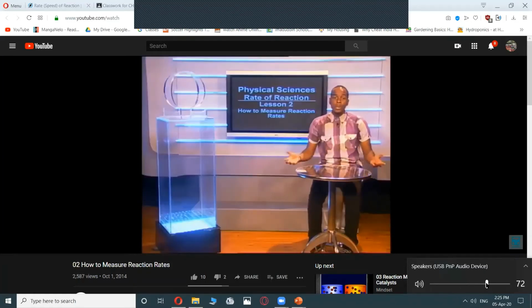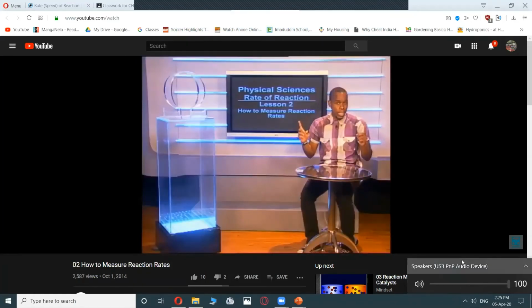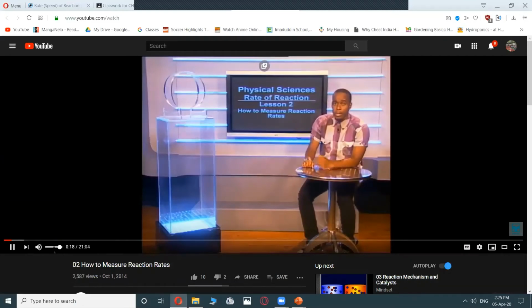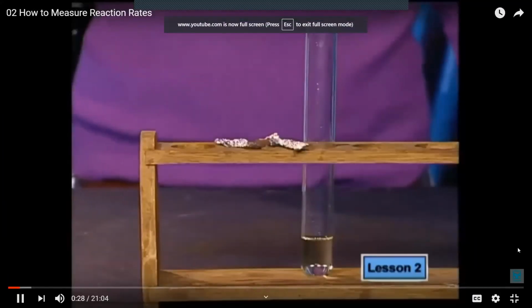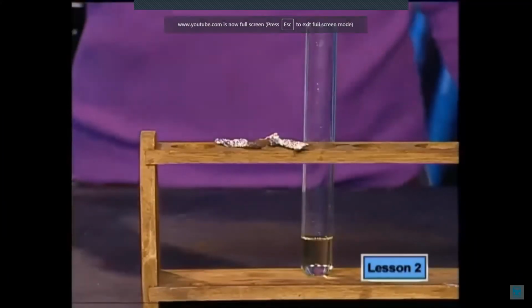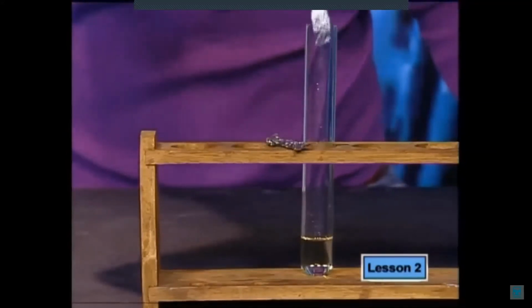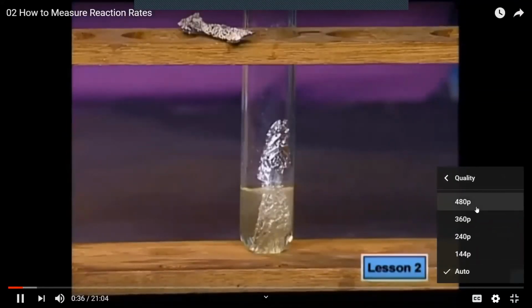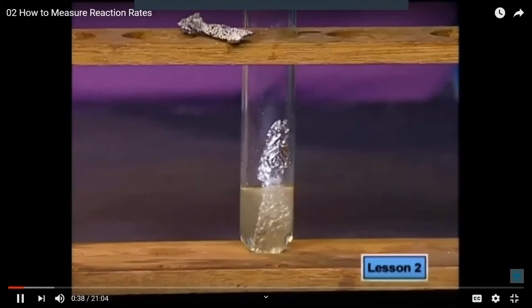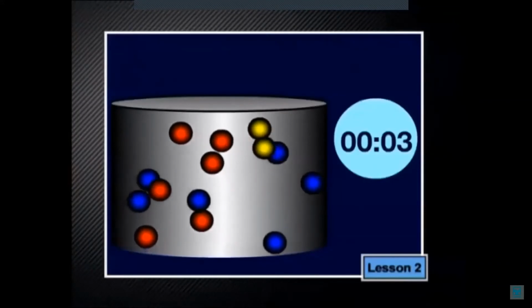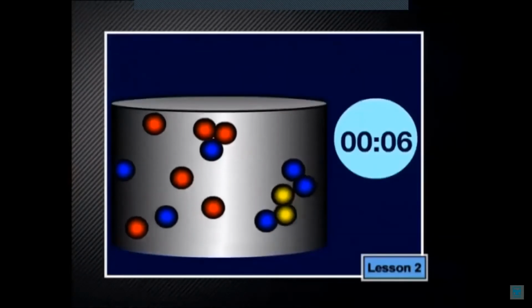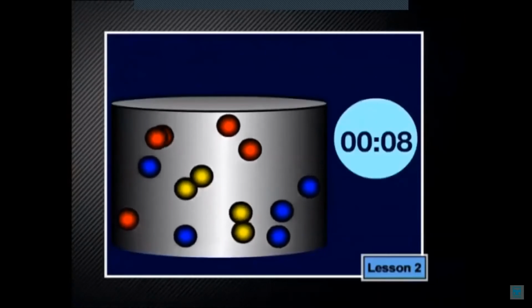Hello again. Do you know how to define the term reaction rate? And do you know why reactions all occur at different rates? Amira will tell us more. Let's take a look at another experiment. I have a concentrated acid solution in this test tube, and I'm adding strips of aluminium. There are bubbles forming, so there must be a chemical reaction taking place. Chemical reactions only occur when molecules collide with each other to form new molecules.